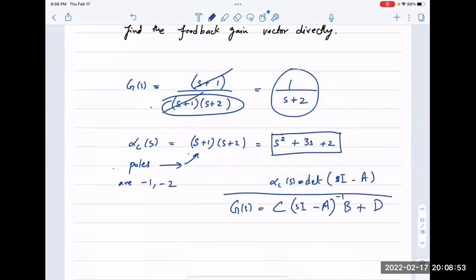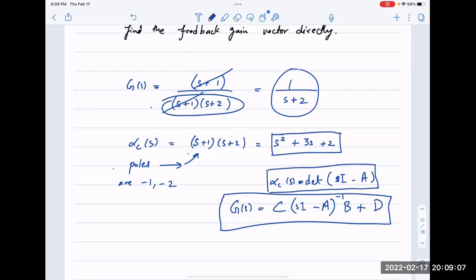Now here you can have problems. Once you compute this, maybe there's cancellation and the denominator looks very bad, or may have some hidden information. But if you do the determinant, then there's nothing that will be canceled, because this is already the denominator part.